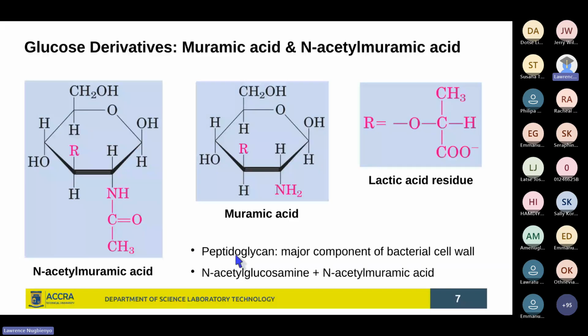It is that peptidoglycan which is the major component of bacterial cell walls. I said that when we look at oligosaccharides and polysaccharides, we'll also look at the polymers that can be formed from these modifications, so we can see how that structure and that polymer will look.